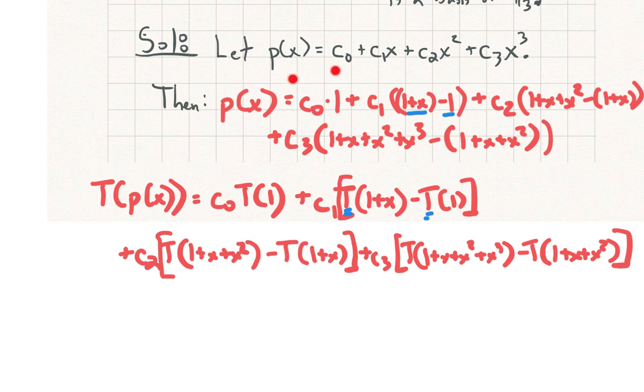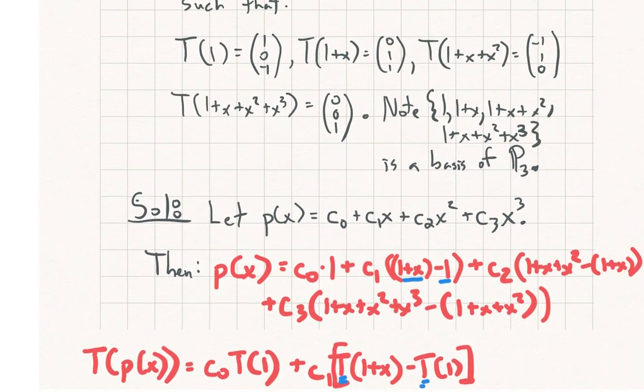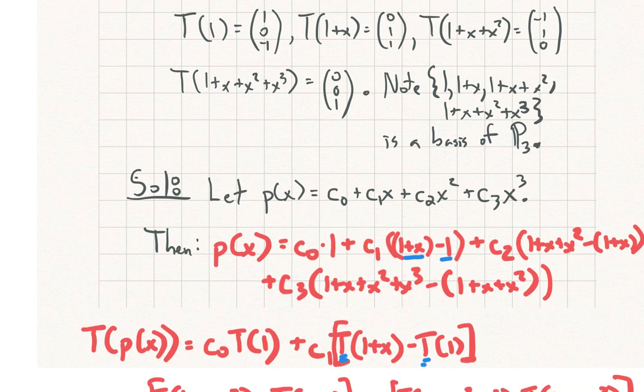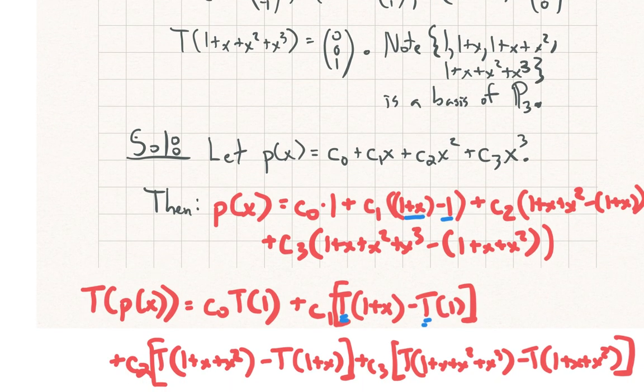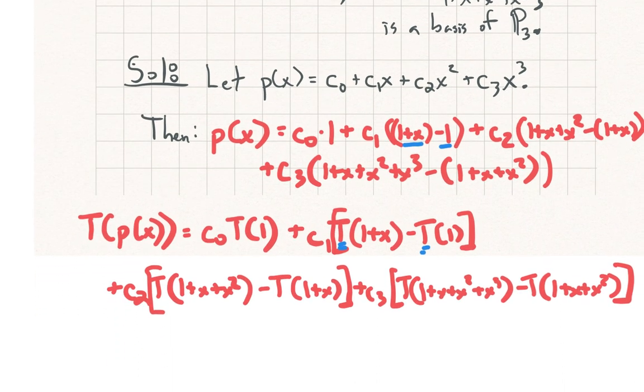So let's go ahead and remind ourselves of what these are. Let's write that, just so we don't have to keep scrolling up. T of 1 is 1, 0, minus 1.